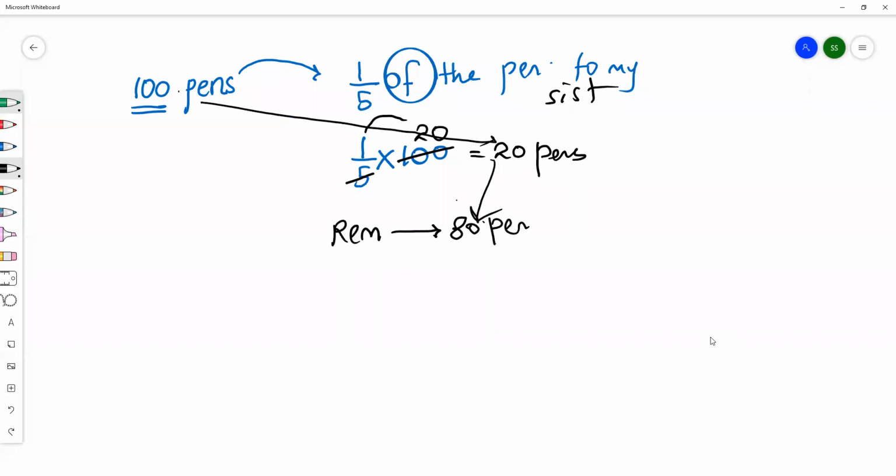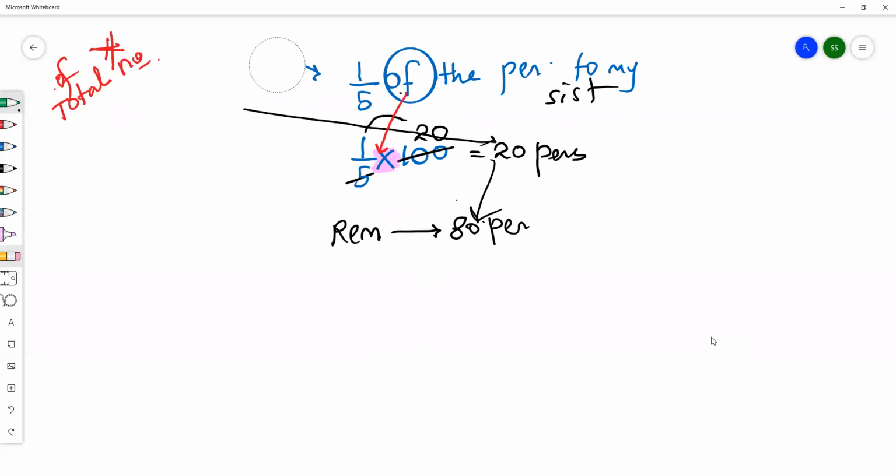So children, keep in mind the important thing in this is multiplication. Of means multiplication. The word of indicates multiplication. And also if you know the total number, you can use multiplication. If this total number of pens is missing, can you use 1/5 into? You can't.